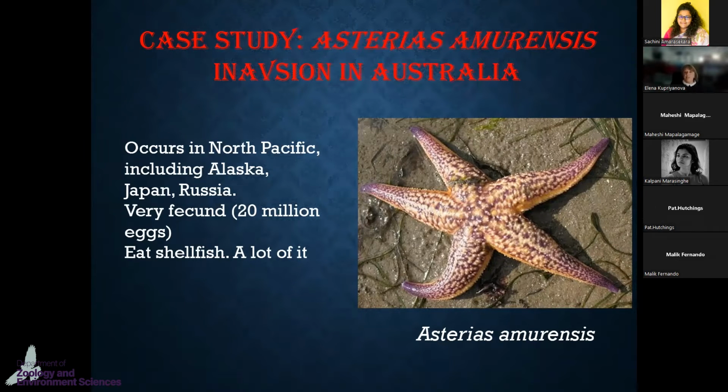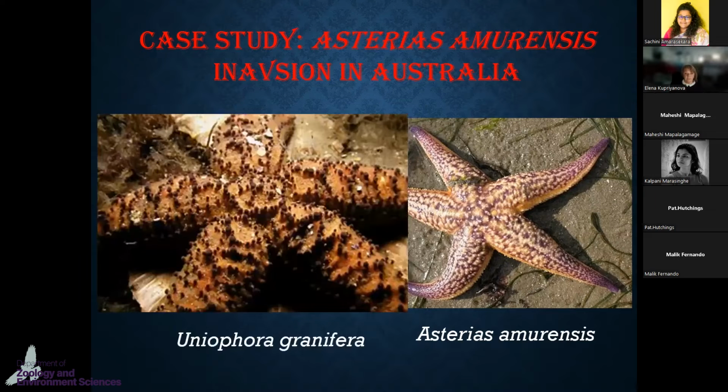The history of the discovery of this species in Australia begins in 1986. Several unknown starfish were brought to the Tasmanian Museum by a local woman. The scientists at the Tasmanian Museum made a natural assumption that the starfish was a color variety of its native starfish, Uniophora granifera.